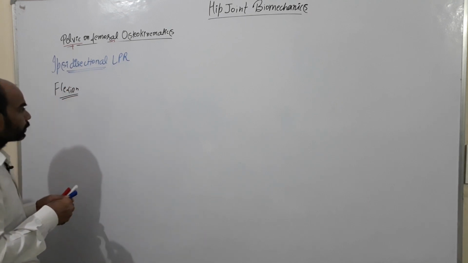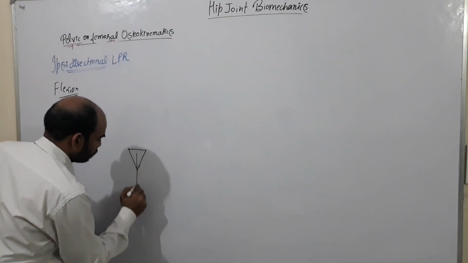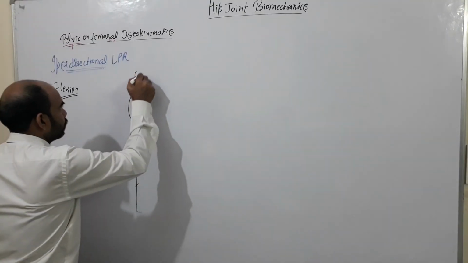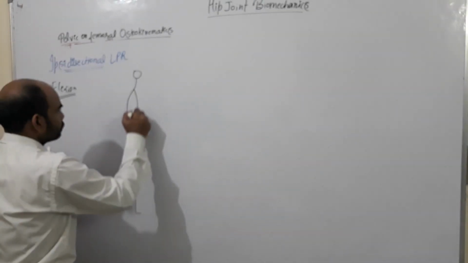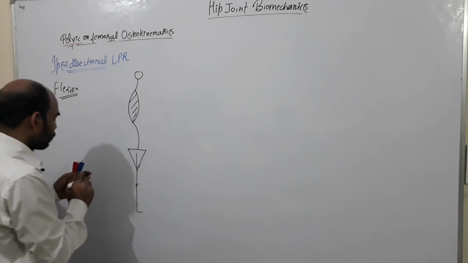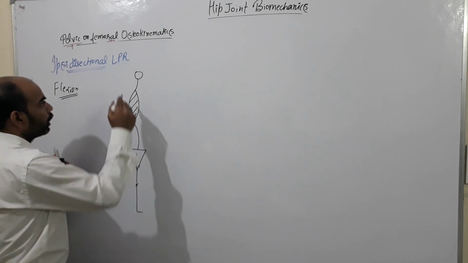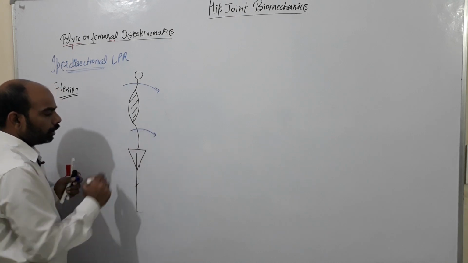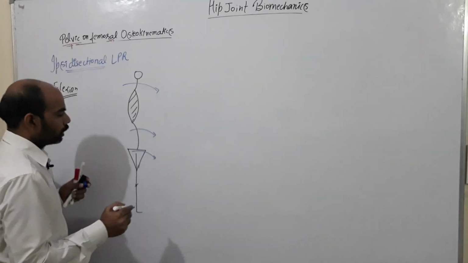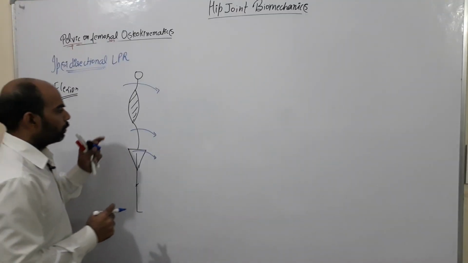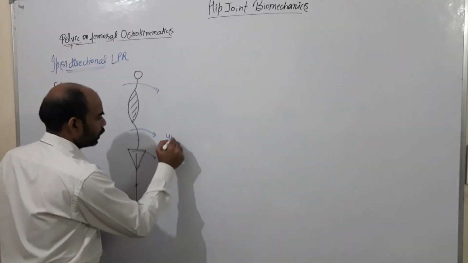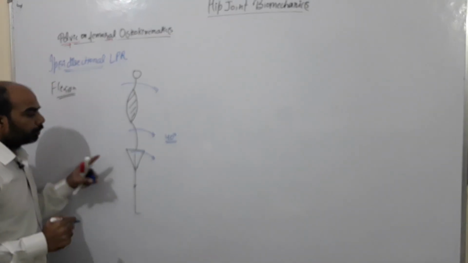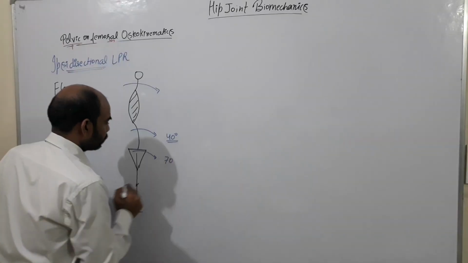During flexion, suppose this is the pelvis, lumbar spine, thorax and neck. During flexion, when the upper body moves anteriorly, the lumbar spine moves anteriorly and the pelvis also moves anteriorly. In the normal case, the lumbar spine moves around 40 degrees of flexion and the pelvis moves around 70 degrees of flexion.